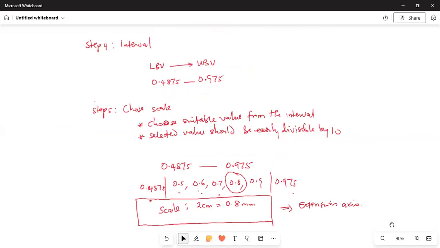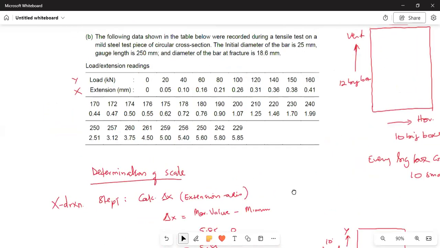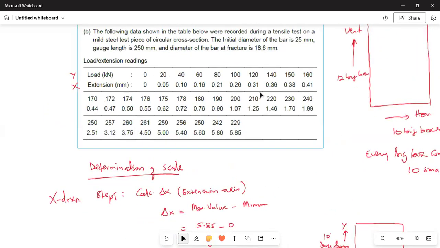So if we go to our graph like this, from the load, we know minimum is 0. And if you look through it, we know the maximum is 261 or so, we saw. The maximum value is 261. So that's what we are going to use now, okay?